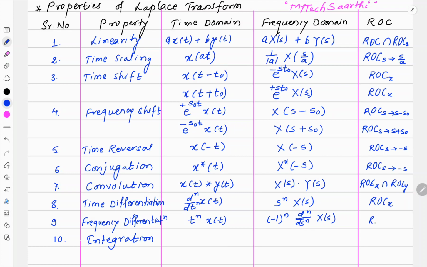Your ROC will be as it is. And the last is integration property. If we integrate time domain signal, let's say from minus infinity to t, x of t dt, in this case we are going to divide x of s by s, and your ROC will be as it is. So these are the prominent properties of Laplace transform.